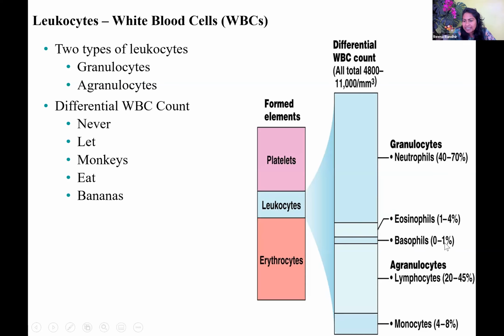So there are 3 types of granulocytes. And there are 2 types of agranulocytes, which are lymphocytes, which is a lot, around 45%, and then monocytes.